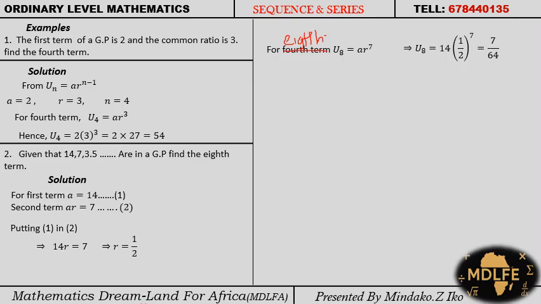Which is u8 equals a times r to the power 8 minus 1, so we have 7. Hence for u8 we have 14 times our common ratio, which is half, raised to the power 7.